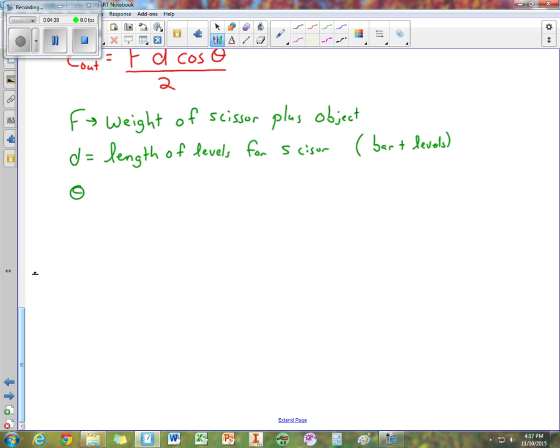The theta, the angle, should be the angle between the scissor and the ground when compact.